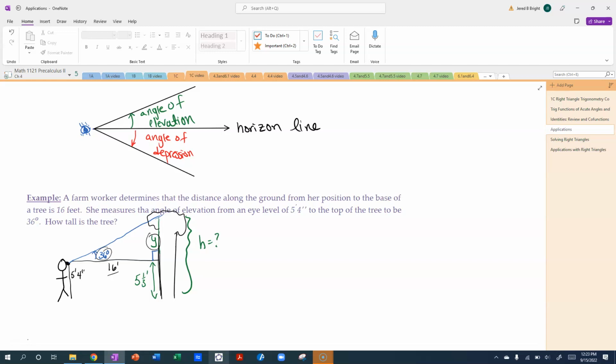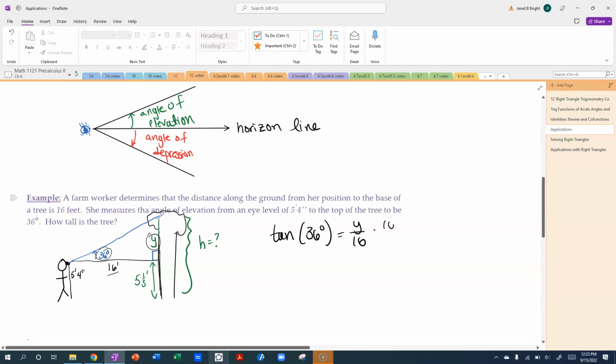So angle, opposite and adjacent, which is tangent. Tangent of 36 degrees is equal to y over 16. Solve for y: multiply by 16, multiply by 16. And so we have 16 tangent of 36 degrees is equal to y.